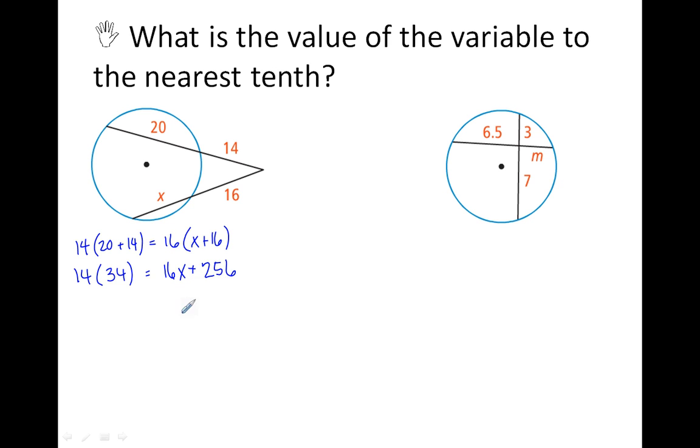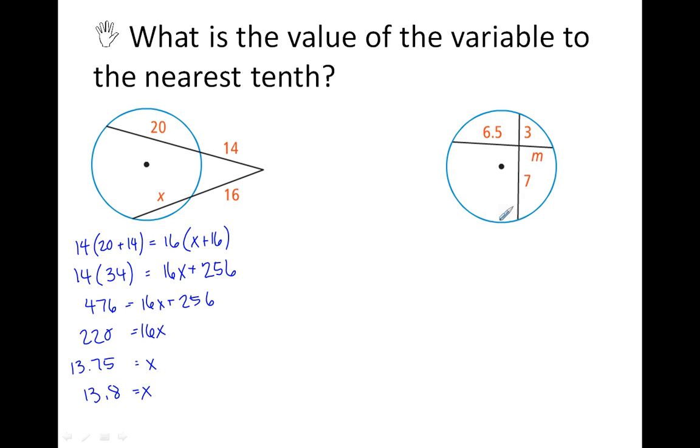We go ahead and distribute. So we have 476 equals 16x plus 256. Subtract 256 from each side. We have 220 equals 16x. Divide both sides by 16. And we want to round to the nearest tenth. If I actually carry this out, I get 13.75. But rounded to the nearest tenth, we have 13.8.